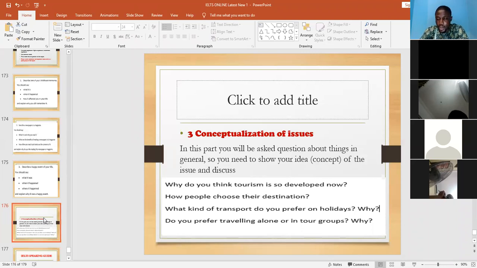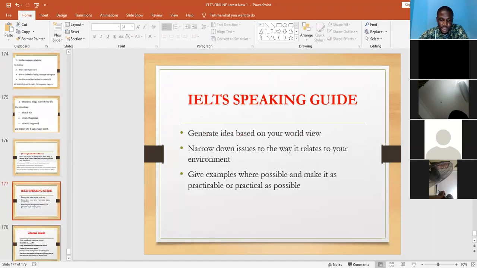And that's why, first of all, let me give you the guidelines for it. You need to generate ideas based on your world view. That's why you need to have a very broad view about situations. They can ask why some events are so memorable and some events so easy to forget.